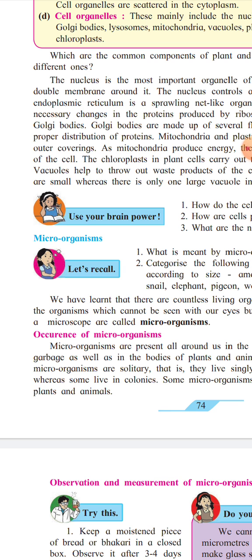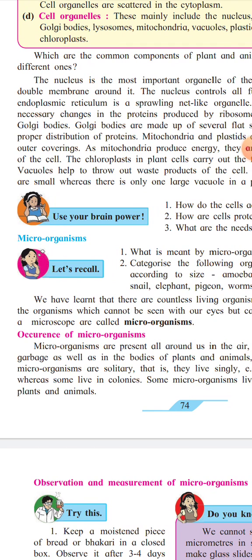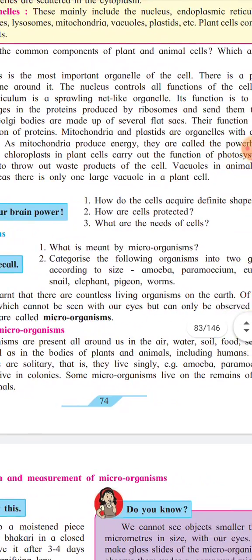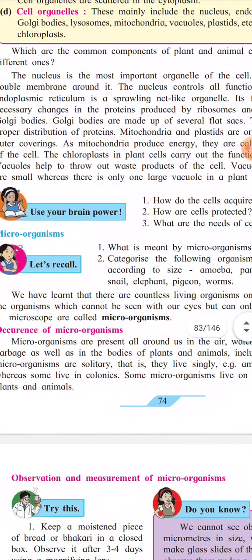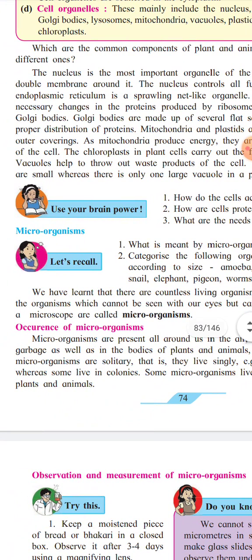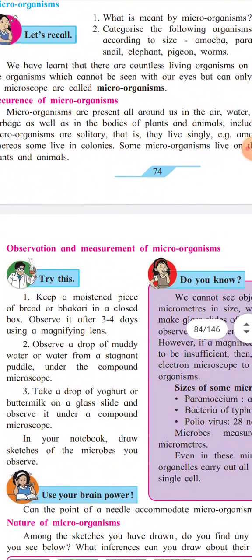Some microorganisms are solitary, that is why they live singly, like amoeba and paramecium. Their bodies are made from a single cell. Some like to live in colonies. Some microorganisms live on the remains of dead plant and animal bodies. In this way they are present everywhere in our surroundings.